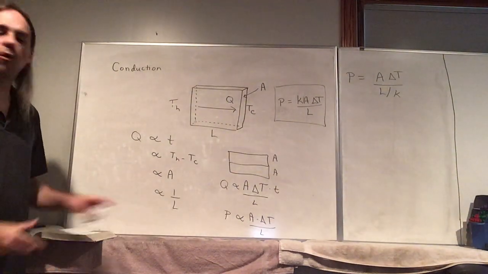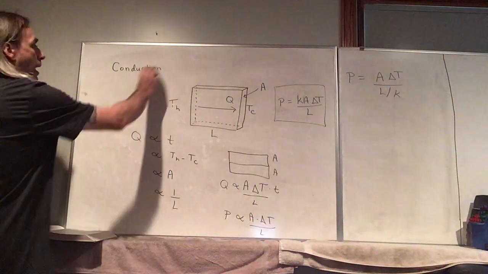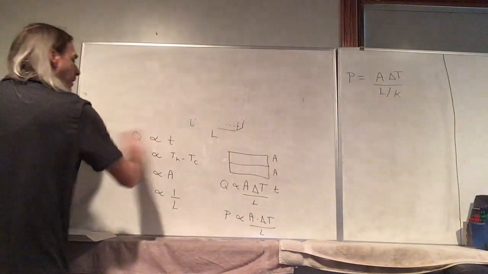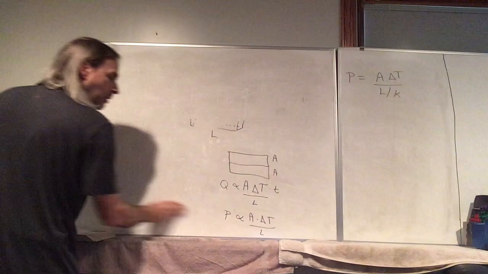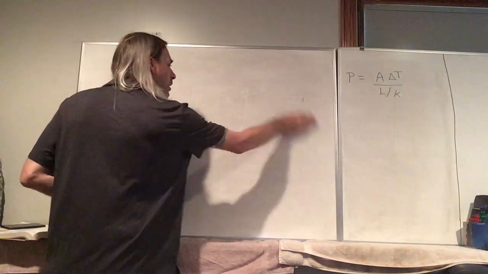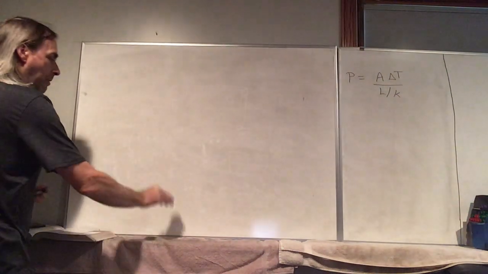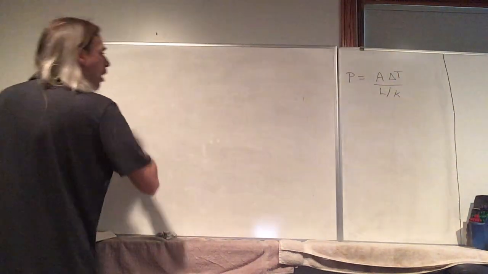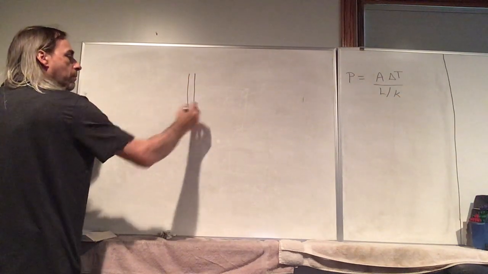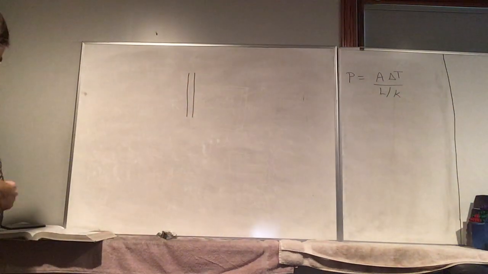Before moving on, I want to work out an example of this. I picked one up from a book. It's kind of a standard example. Let's say we have the wall of a house. So this is a wall. It's a wooden wall. Let me read this.